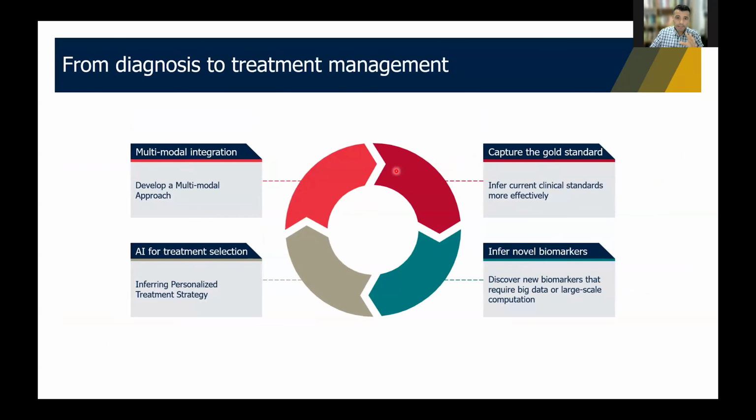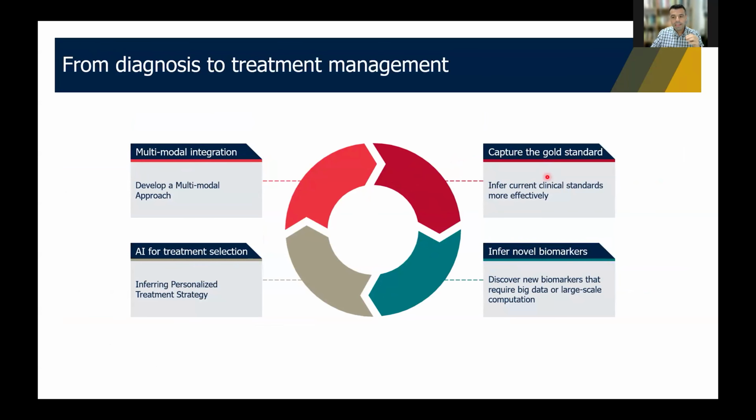So this is the cycle of AI that we want to actually deploy in any type of disease, and I will try in the next 15 minutes or so, I'll try to keep it brief, I'll try to show you how we deploy this type of cycle in EoE.